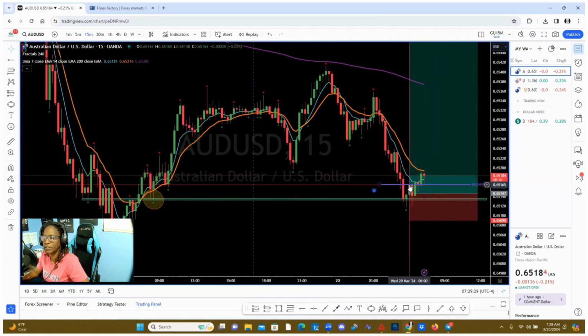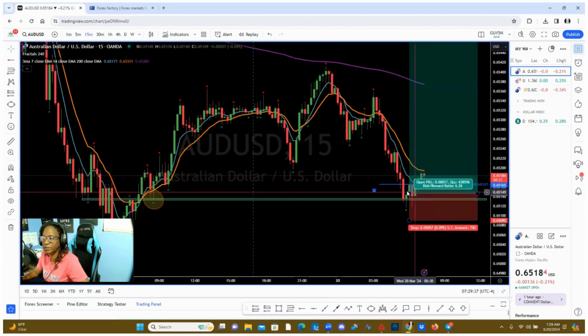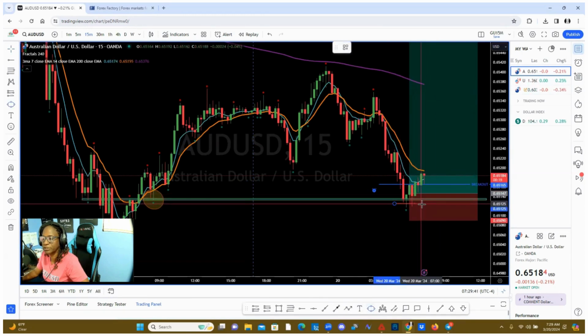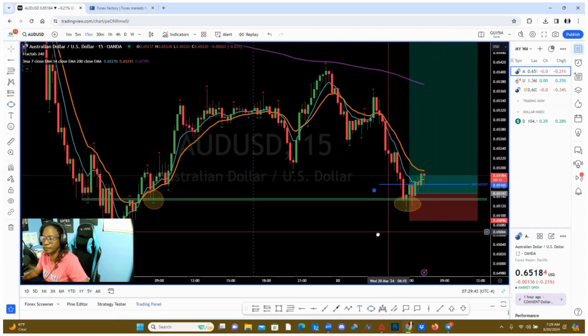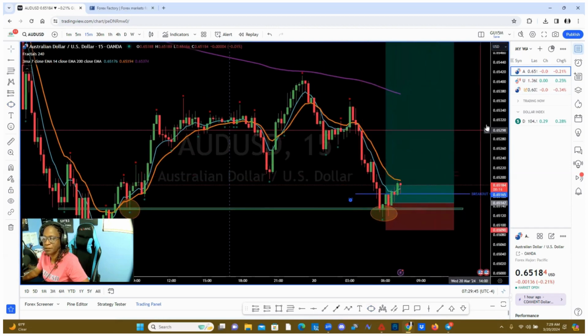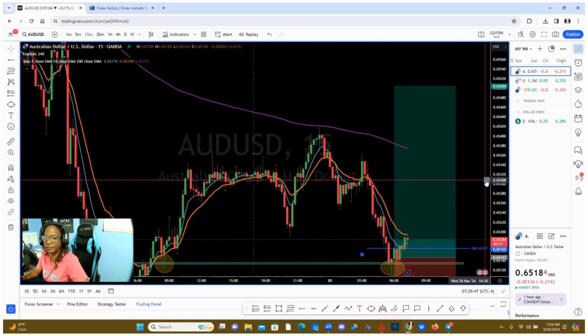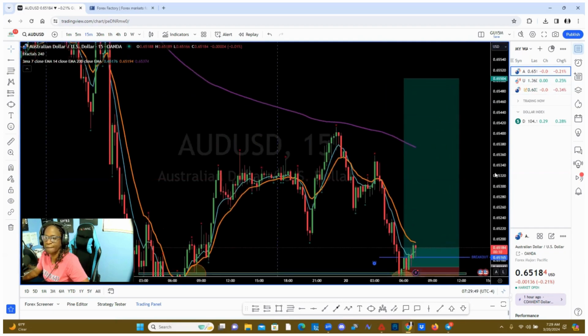Now we created minor resistance and broke above that, crossed back the MA, so I'm in the buy. I did take position when I saw the two rejections. You can see the two rejections right here. So I'm in on the buy from there, right?